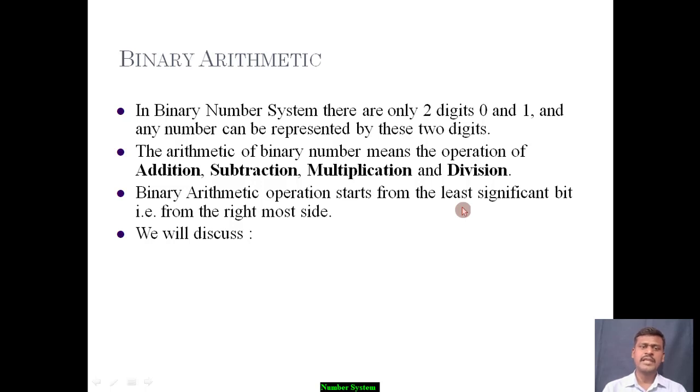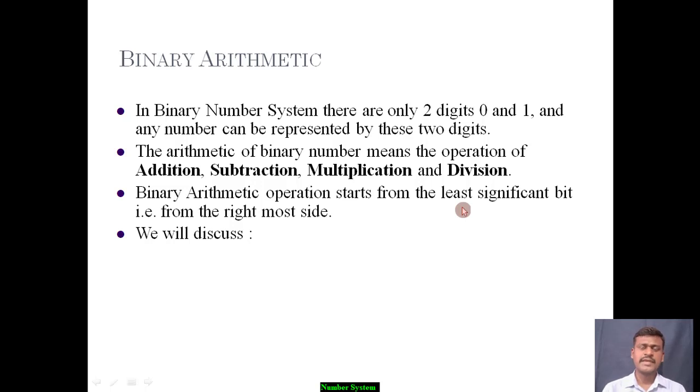So binary arithmetic means, first we will know what binary numbers are. As we all know, in the binary number system there are only two digits, that is 0 and 1. Using these 0 and 1, we can represent any number from any number system.